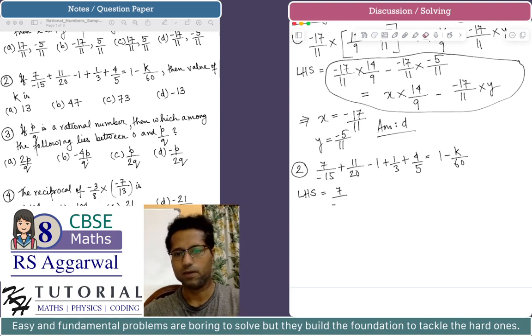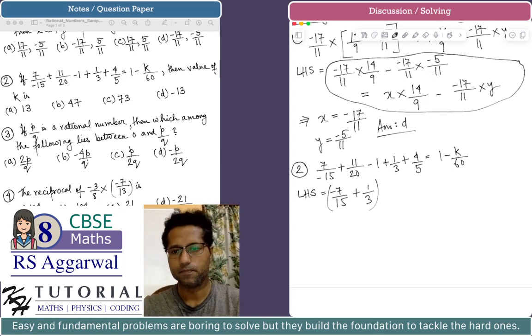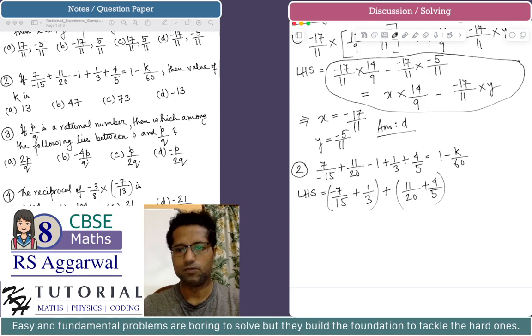So 7 by minus 15 becomes minus 7 by 15. I will group minus 7 by 15 with 1 by 3, because the denominators are 15 and 3, and their common divisor is 3, which is not equal to 1. Similarly, I will group 11 by 20 and plus 4 by 5. Now there is a minus 1.